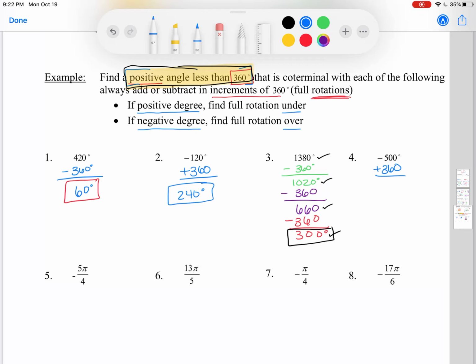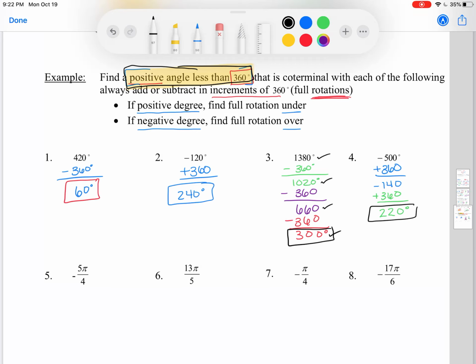Question 4, this time I have a negative 500 as my angle. So I want to add 360 this time. It's going to still give me a negative value, which is negative 140. That still doesn't follow my restrictions, so I need to add another 360.